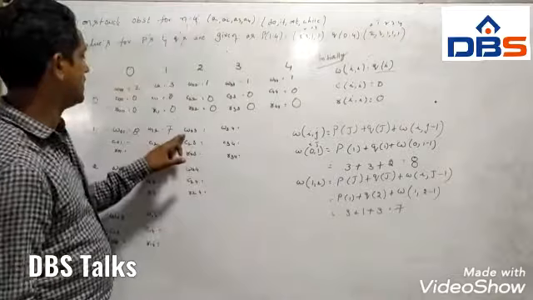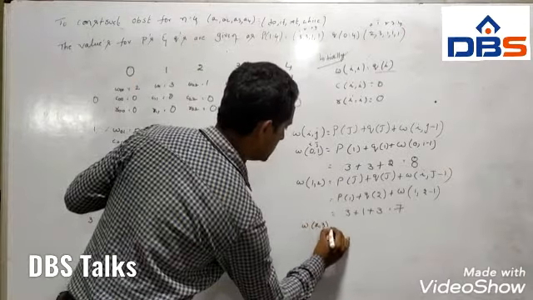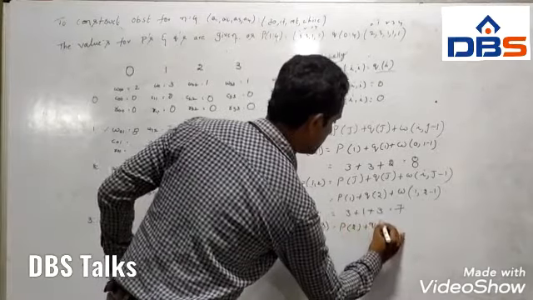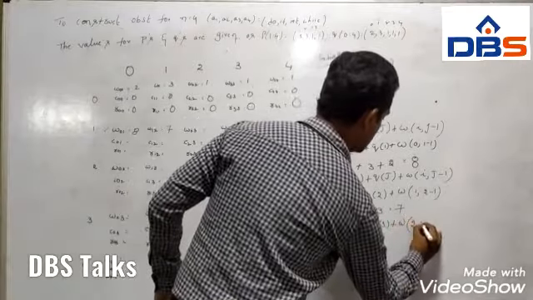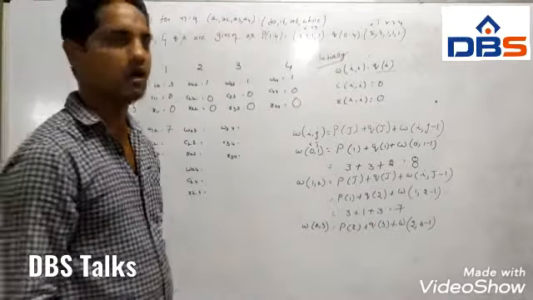Next we construct W of 2 3. W of 2 comma 3 equal to P of 3 plus Q of 3 plus W of 2 comma 3 minus 1, that is W of 2 comma 2.